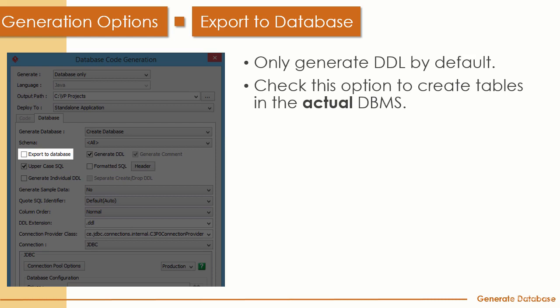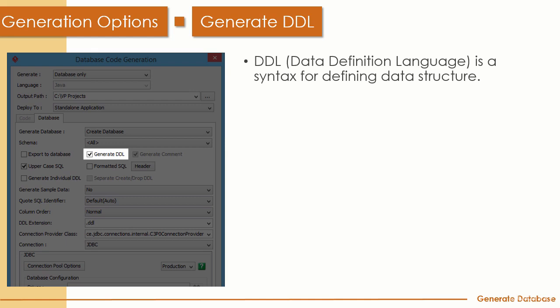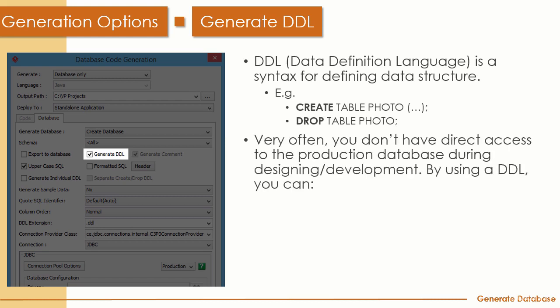Instead of exporting directly to the database, you can generate the DDL. DDL stands for Data Definition Language. It is a syntax to define the database, like create a table, drop a table. Very often, you don't have direct access to the production database. Of course, it is running day-to-day business.